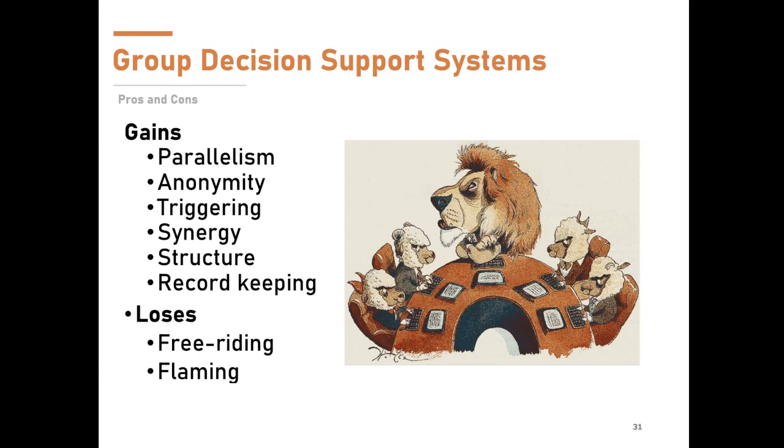And flaming here refers to the hostile or offensive comments and behaviors that can sometimes arise in a group setting. This is because of the anonymity that GDSS can provide, and this can encourage inappropriate behavior, and it can even undermine the constructive nature of the discussions held in those systems.